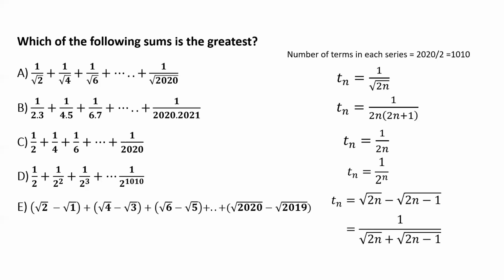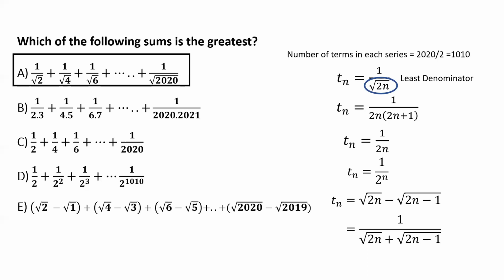So in this way, indirectly, even without actually evaluating what those individual sums will be, we can conclude that the sum in option A is going to be the greatest because its nth term has the least value of the denominator, especially when we compare them with the same numerator.